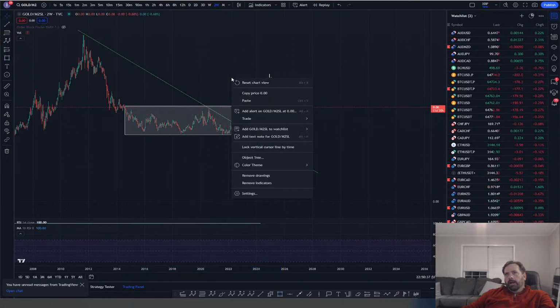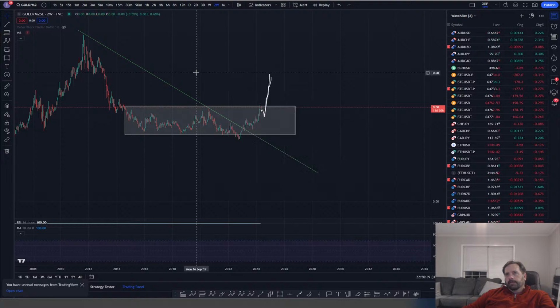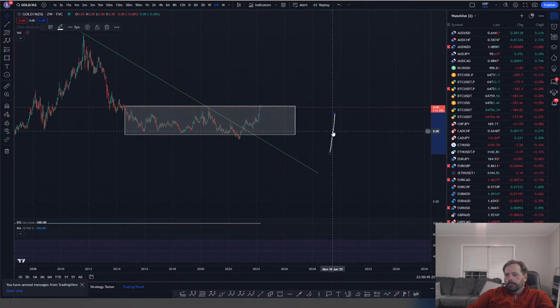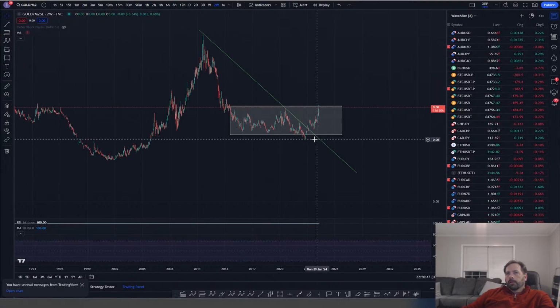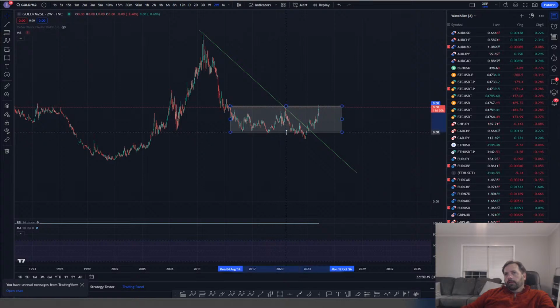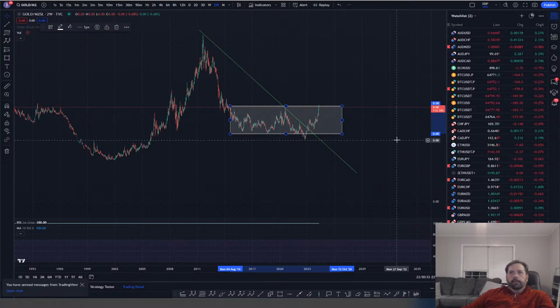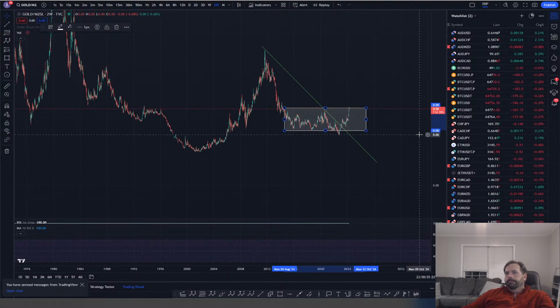Well, this local box is here. The local box, we got to stop onto the low, and then we got to pop up out of it.